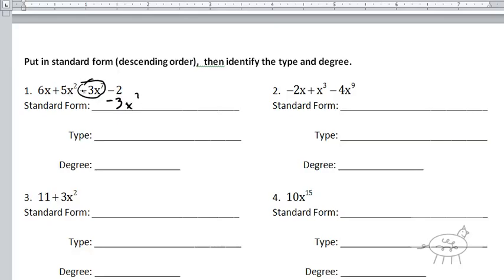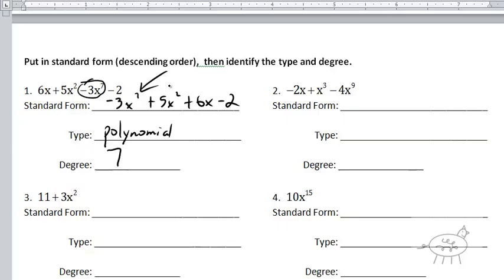And then the next term is going to be plus 5x squared, and the next term is going to be plus 6x, and the next term is going to be minus 2. The type means it's 1, 2, 3, 4 terms, so it's a polynomial. And the degree is 7, because that's 7 right there.